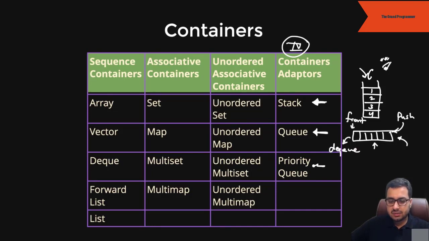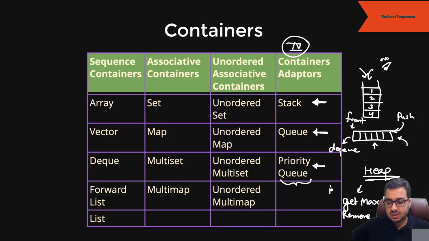Then there is something which we call priority queue. Although it seems like a queue, internally we know it's a heap data structure. Heap allows us to get the maximum element or the minimum element out of a collection of elements, and we can remove the minimum or maximum element, and we can insert any element.